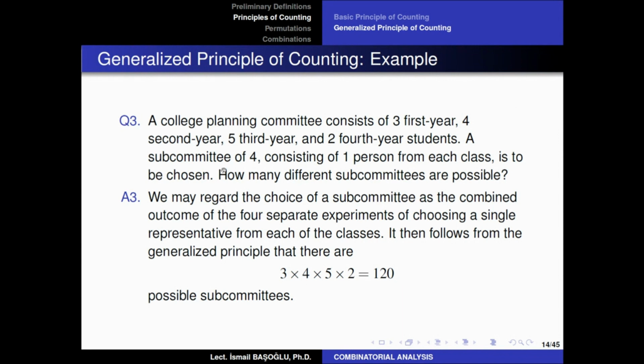Now, if I'm going to create the subcommittee under the restriction of selecting 1 person from each class, then this combined experiment may have 3 times 4 times 5 times 2, which is equal to 120 possible outcomes. Considering this restriction, I can create 120 possible subcommittees out of these 14 students, and that is going to be due to the generalized principle of counting.